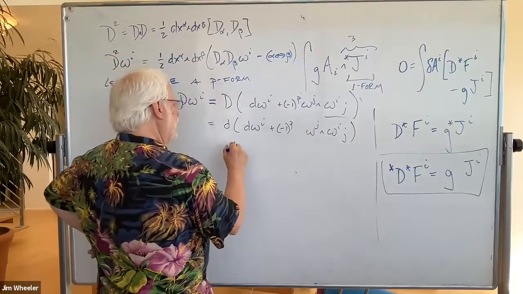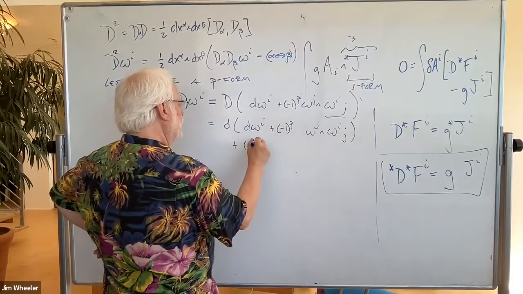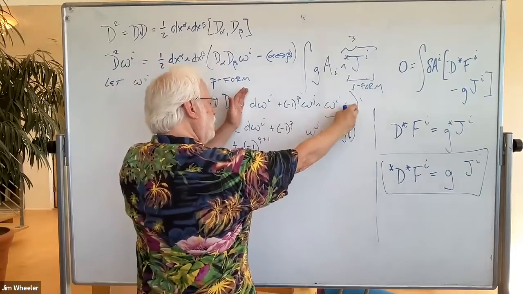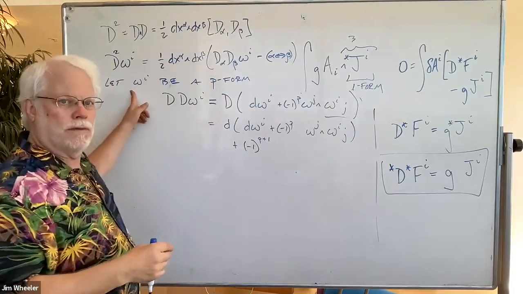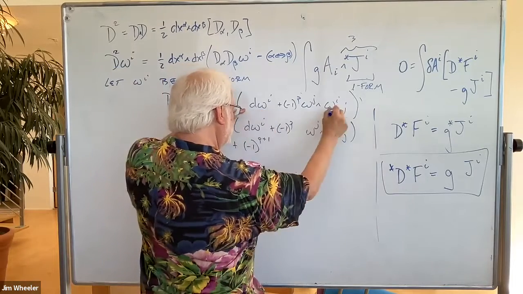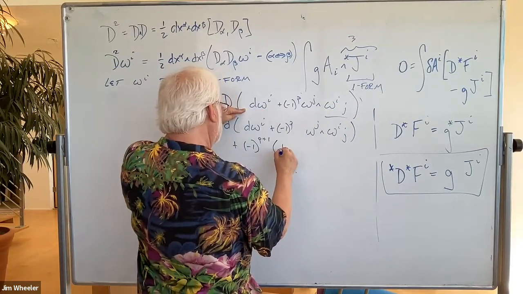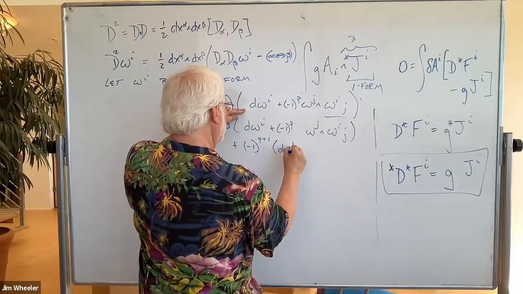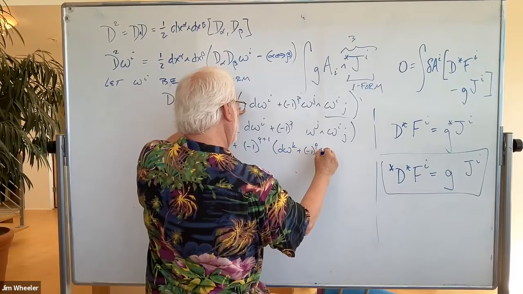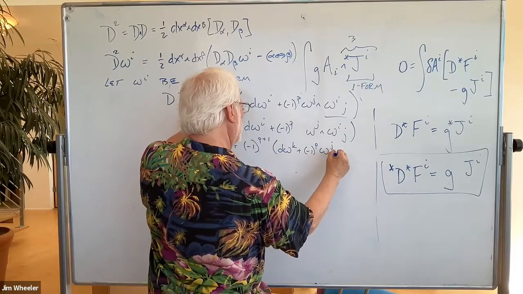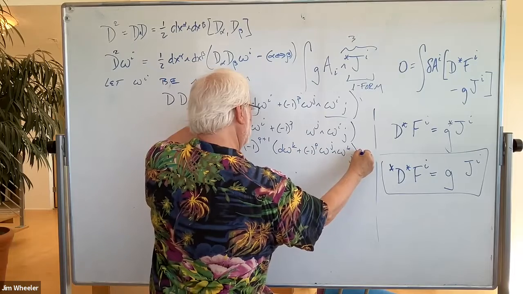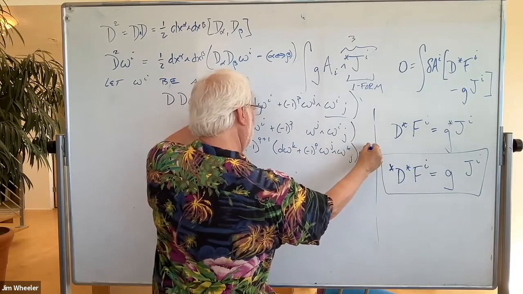And then I have plus (-1)^(P+1), because now the derivative of omega becomes a P plus 1 form. And then we have this P plus 1 form, D omega, better use a new index, plus (-1)^P omega^J wedge omega^K_J, all wedge omega^I_K.